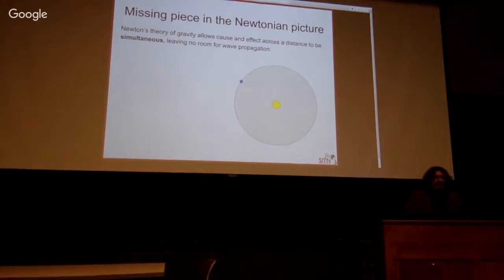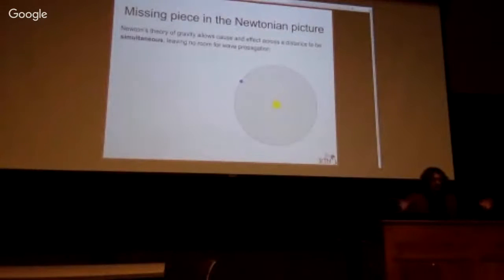It predicted that causal relationships, by which I mean a cause and an effect that is a result of that cause, were simultaneous. In other words, they could happen anywhere in the universe at the same time. A cause could result in an effect almost instantly.